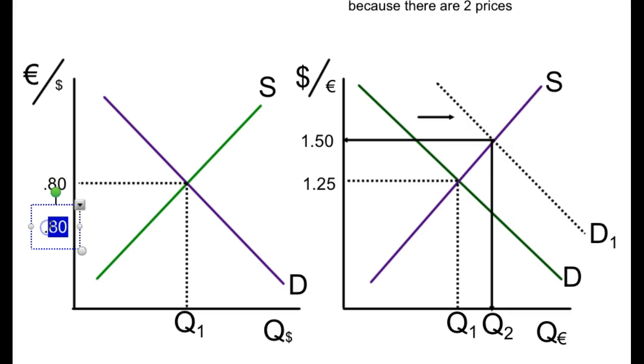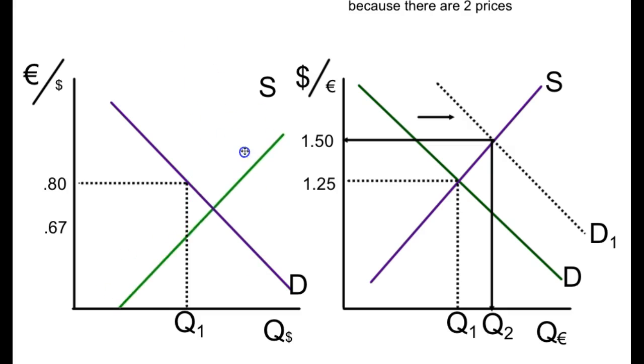So you already know enough about supply and demand to know it's one of two things: either demand decreased or supply increased. Those are the two ways we can get a lower price. Well, let's think about this. This line here is the demand from Americans wanting euros. And they are wanting more euros. They are bringing more of their dollars to market in order to buy those euros.